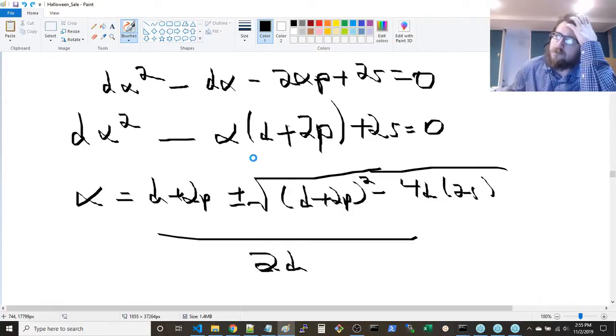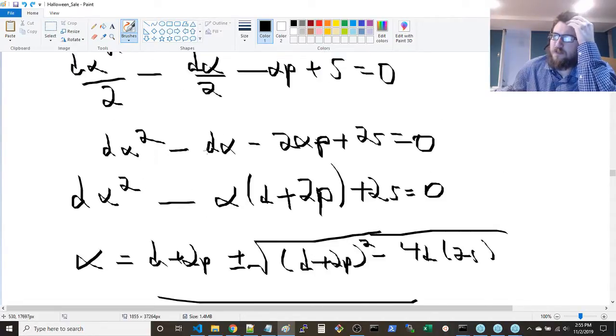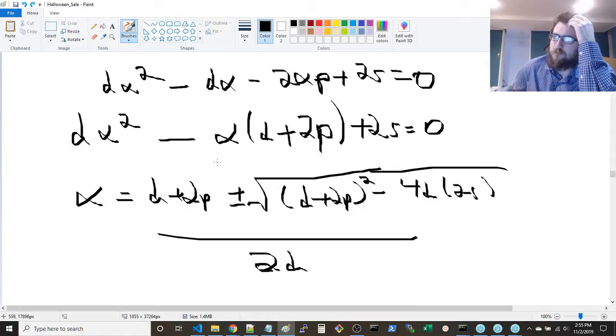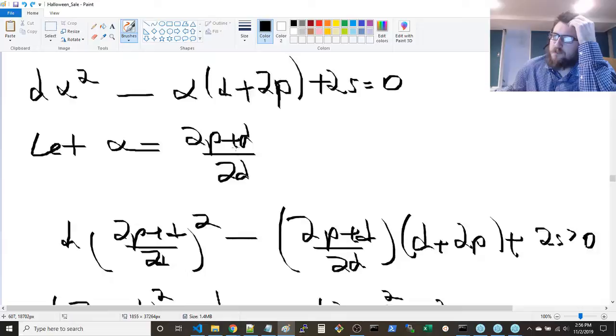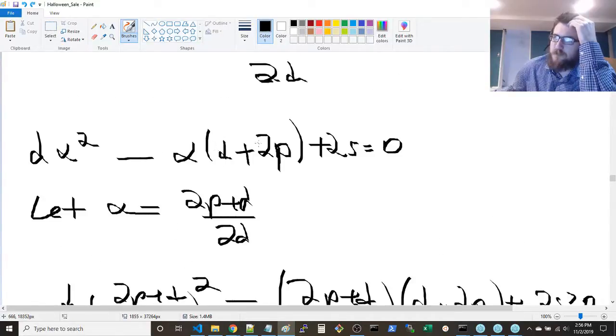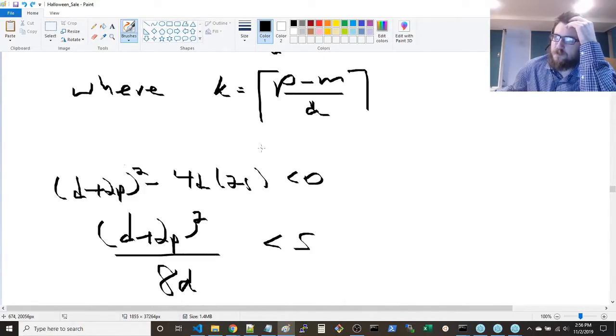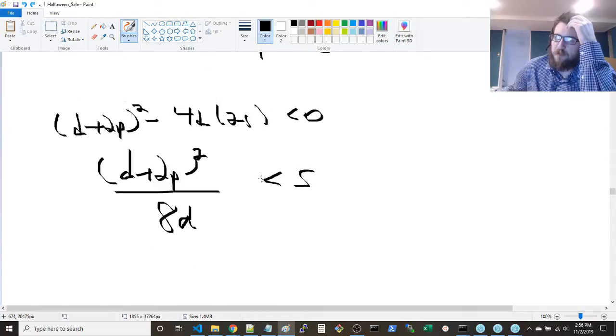So what else I've got going on here is, if it's the case that we're dealing with imaginary numbers, then we're going to want to default to the maximum benefit possible, the cutoff point.